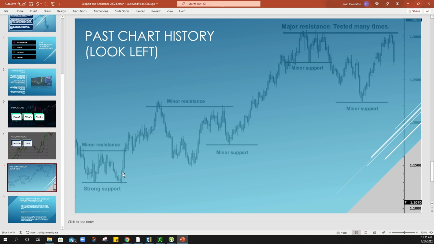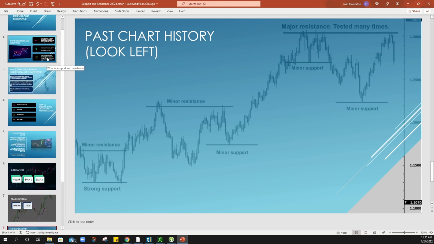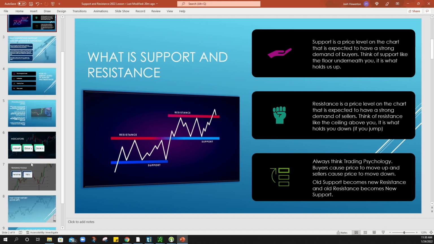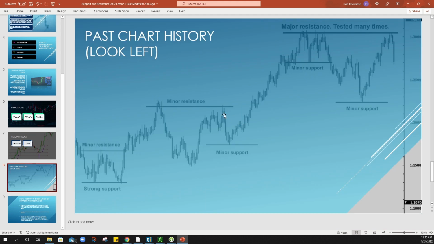Simply look left. If you're on a 1 minute chart, a 5 minute chart, a daily, weekly, or monthly, just look left. Remember, old support becomes new resistance. Old resistance becomes new support. Look at this image I have in the background.